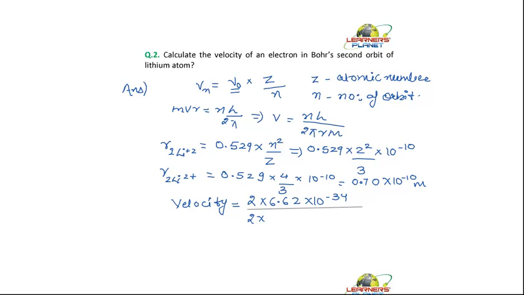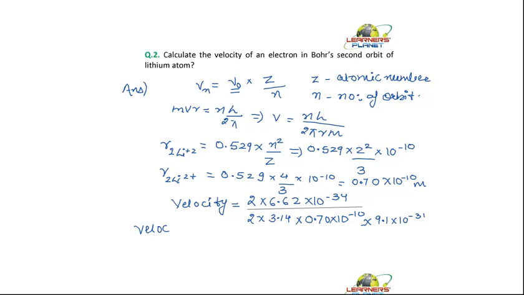That is 2 into, what is the value of pi? It is 22 by 7, or 3.14, into the radius, which we have got as 0.70 into 10 to the power minus 10 meters, into the mass of the electron. What is the mass of the electron? It is 9.1 into 10 to the power minus 31 kg.